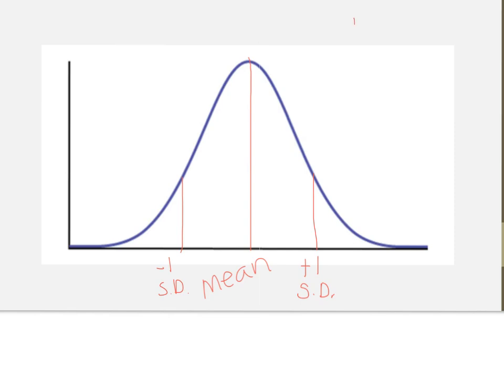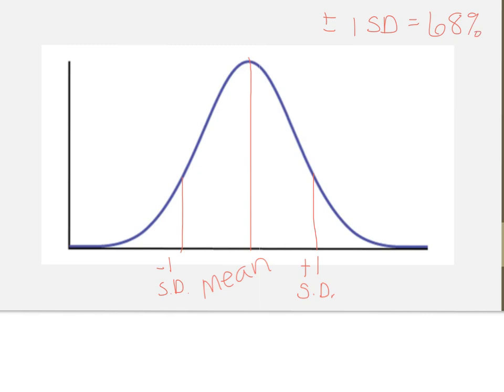The rule is that 1 standard deviation above or below, so plus or minus 1 standard deviation, is going to account for 68% of your data.